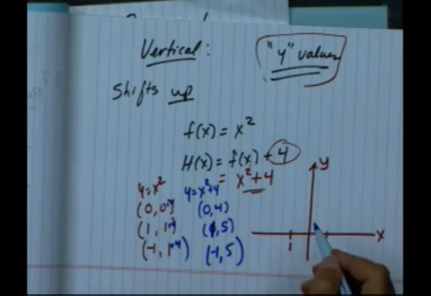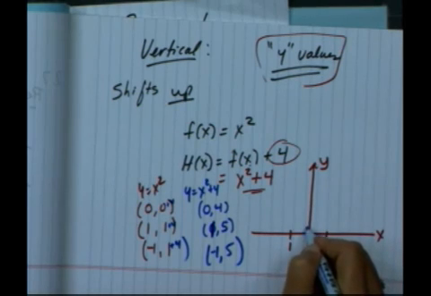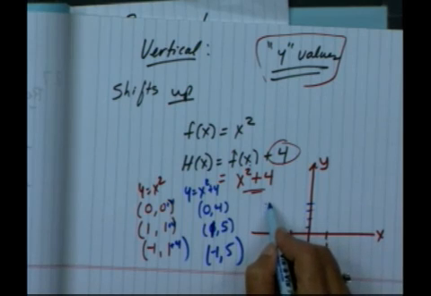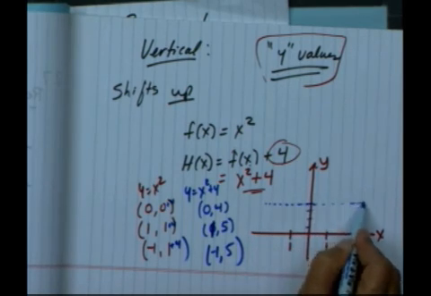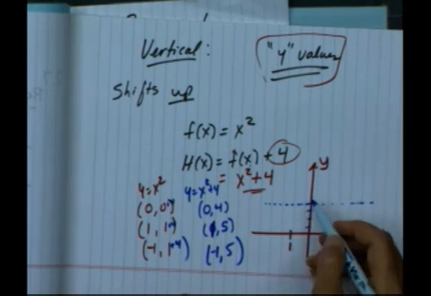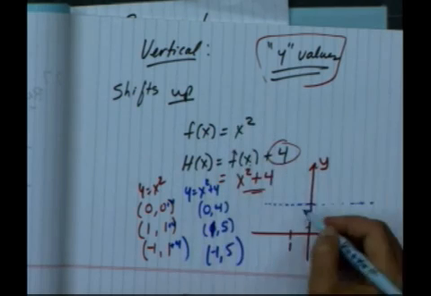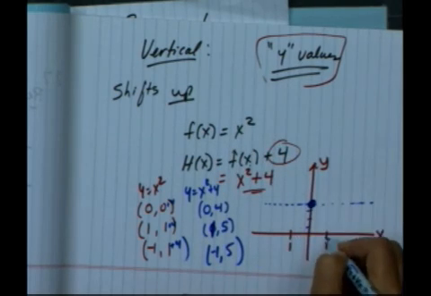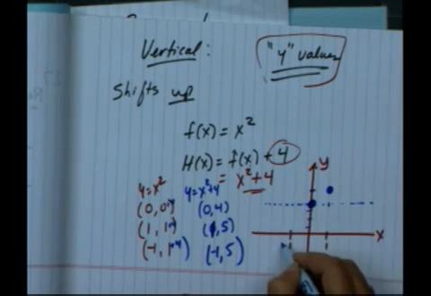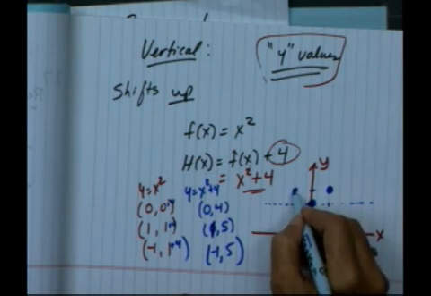So I'm shifting up 4: 1, 2, 3, 4. What I like to do is just put in a little axis, like this is my new x-axis. And now I'm just going to plot the graph y equals x squared. So I come over 1, up 1. I go to the left 1 and up 1.